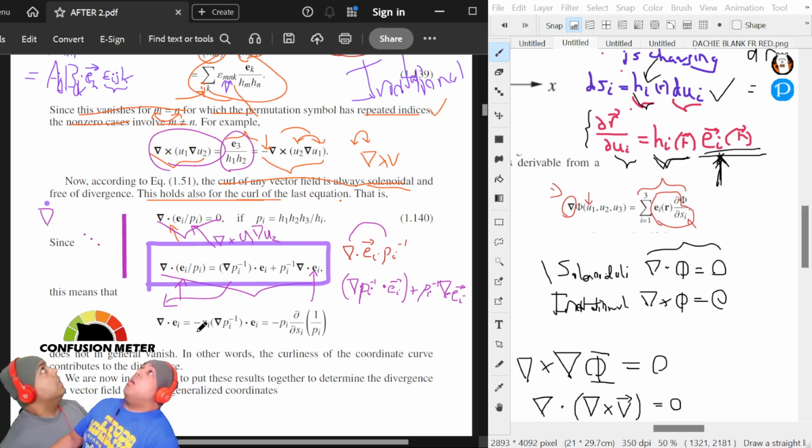Since we carried it across, it is minus. Minus p_i, equals this. I've made peace with this. Equals minus p_i.